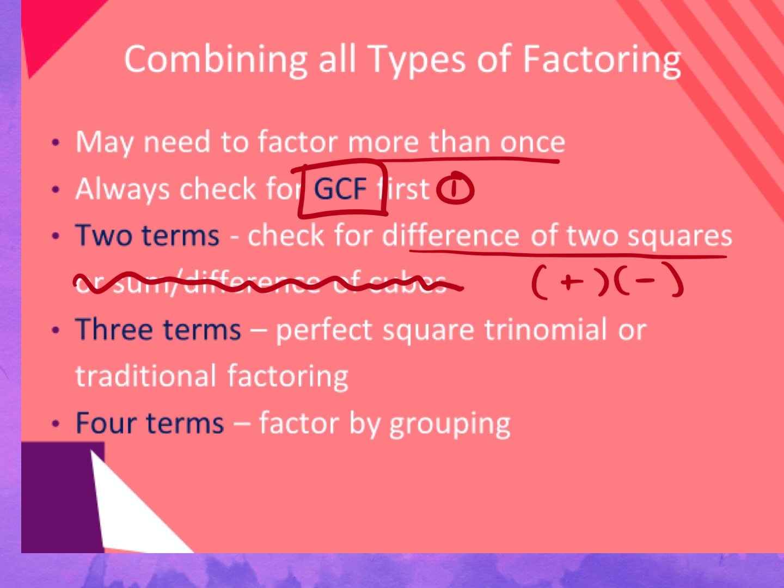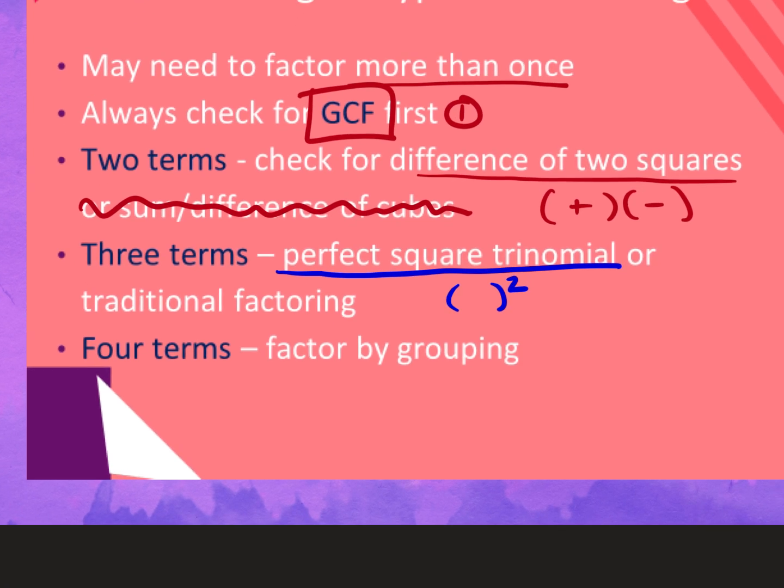If we have 3 terms, check and see if we have a perfect square trinomial. A perfect square trinomial factors into 1 parentheses squared. And if it's not a perfect square trinomial, then just try to factor it normally. And if you have 4 terms, you want to factor by grouping.